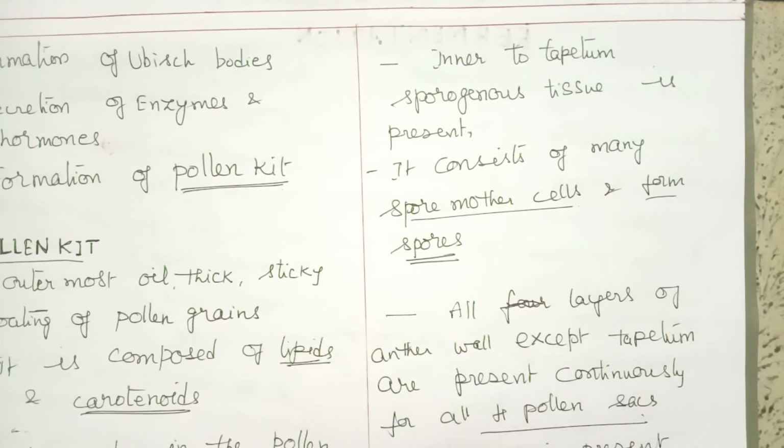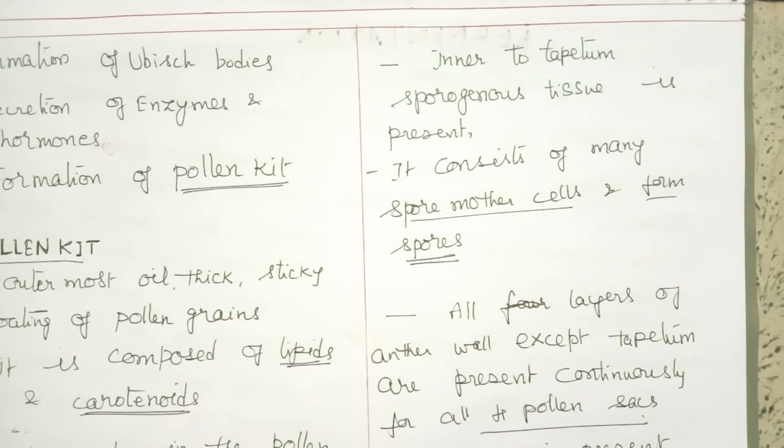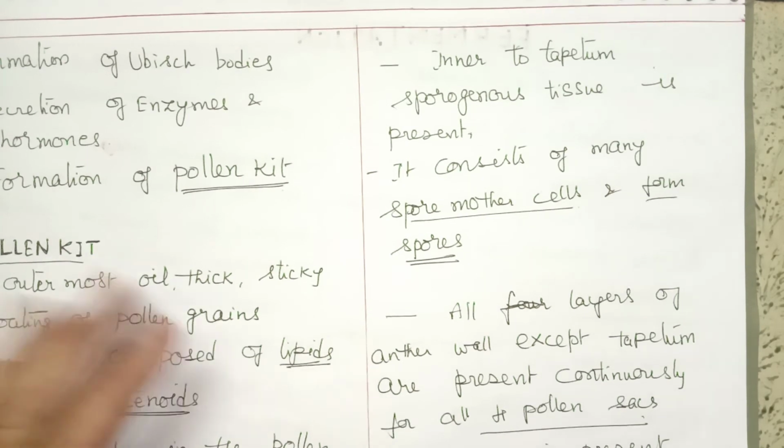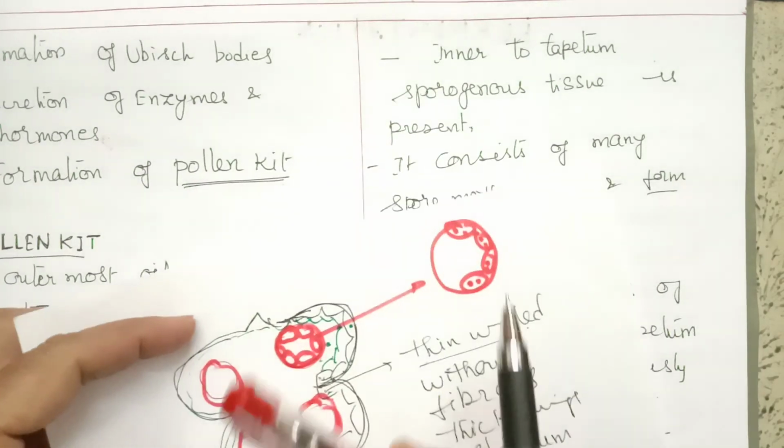So this is what we have done up to the structure and function of the anther wall. We have discussed the 4 layers of the anther wall. Now the most important part of the anther, inner to the tapetum. Inner to the tapetum, what do we find? It is called the sporogenous tissue.